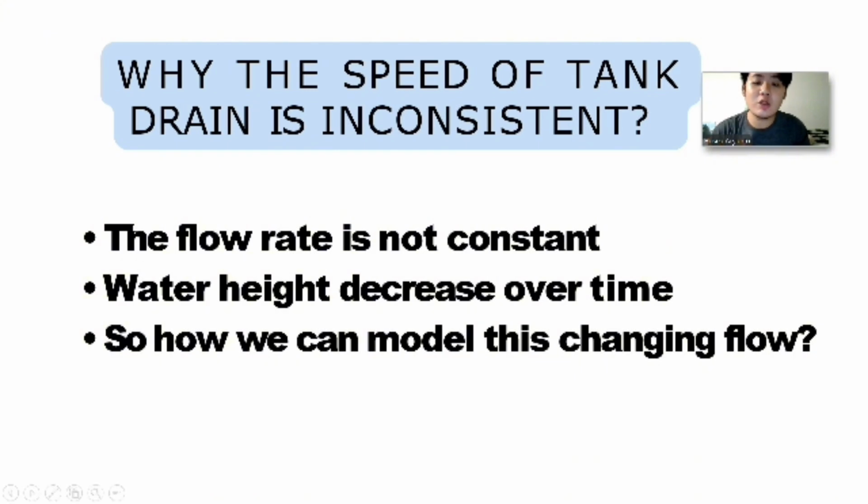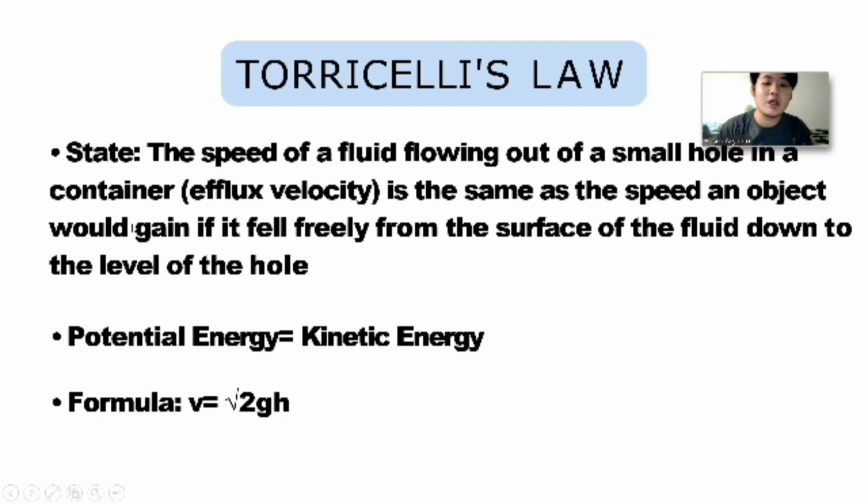Okay, to calculate the water speed at a specific height, we use Torricelli's law, which states that the speed of a fluid flowing out of a small hole in the container is the same as the speed an object would gain if it fell freely from the surface of the fluid down to the level of the hole.